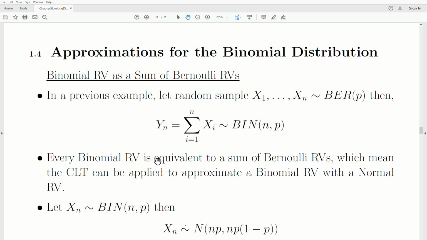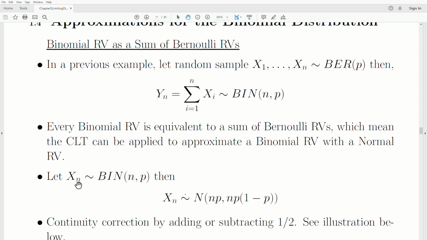So this is the key point. Every binomial random variable is equivalent to a sum of Bernoulli random variables, which means the central limit theorem can be applied to approximate a binomial random variable with a normal random variable.